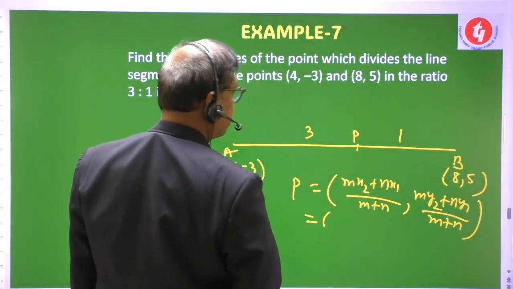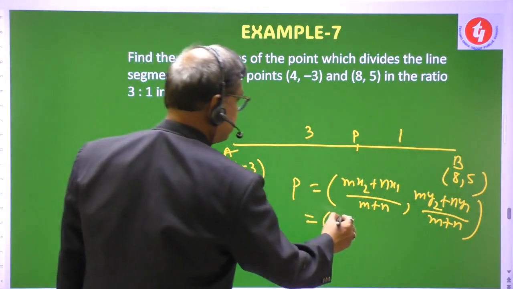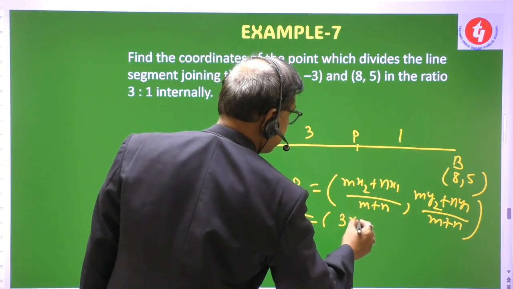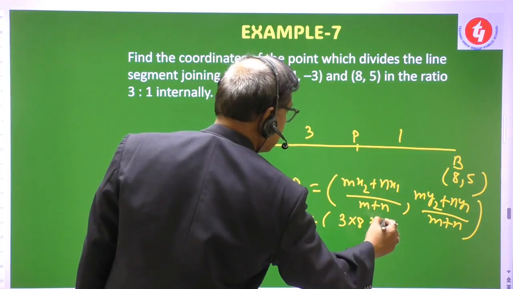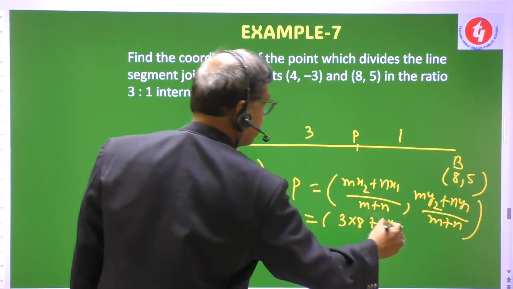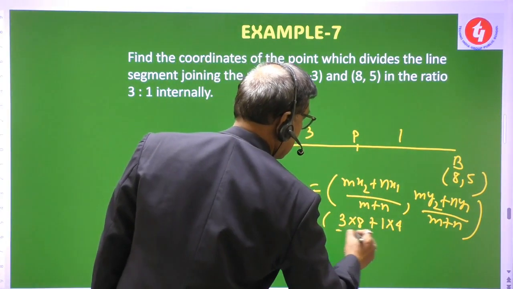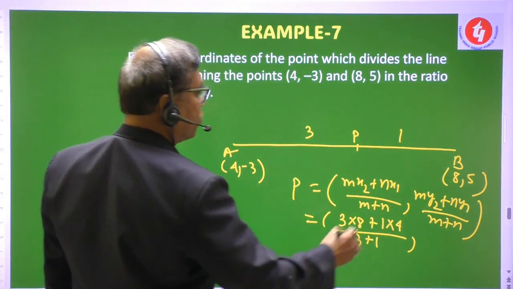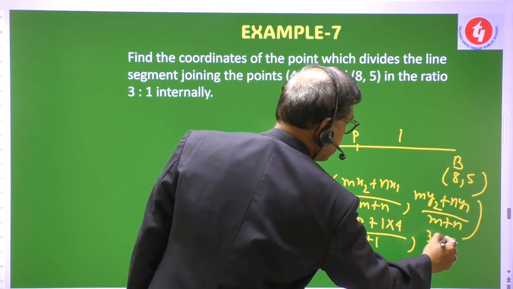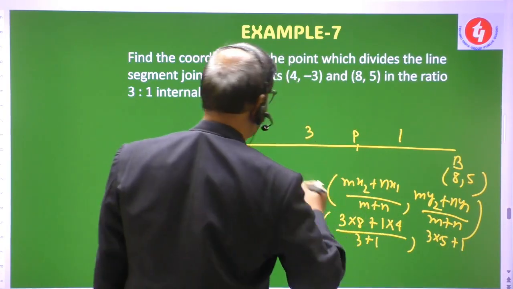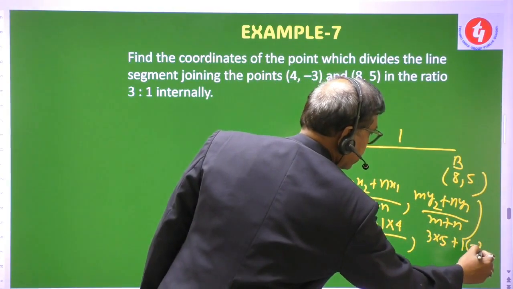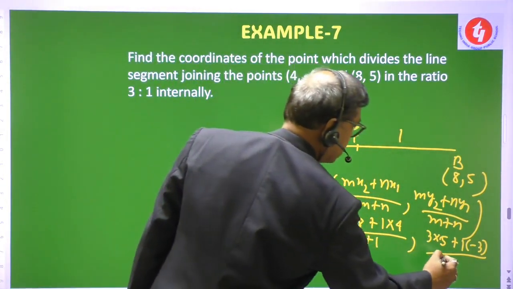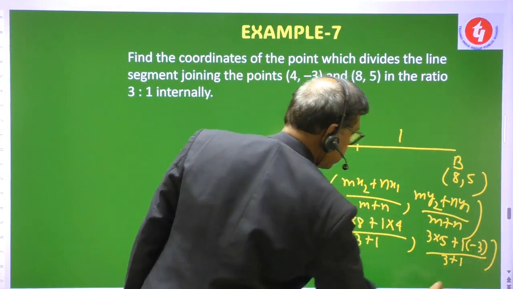Here m is 3. 3 into x2, x2 means 8 here. n means 1, so 1 into x1, x1 is 4, upon 3 plus 1. 3 into 5 and 1 into minus 3 upon 3 plus 1.